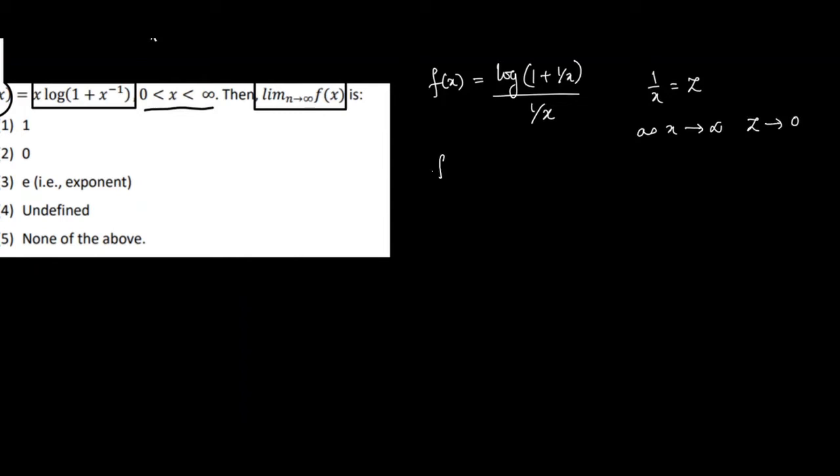So limit f(x) as x tends to infinity will be equal to limit f(z) as z tends to 0, which is equal to limit z tends to 0 of log of (1 plus z) by z.